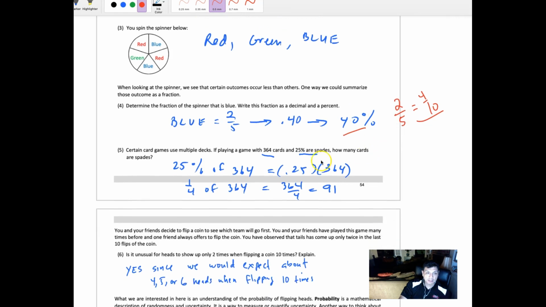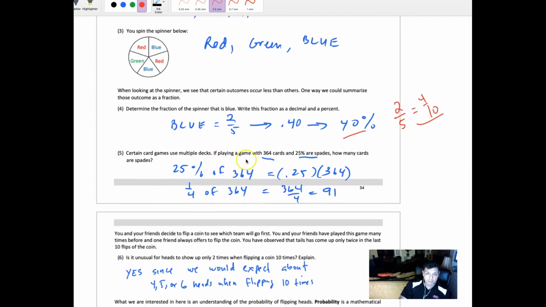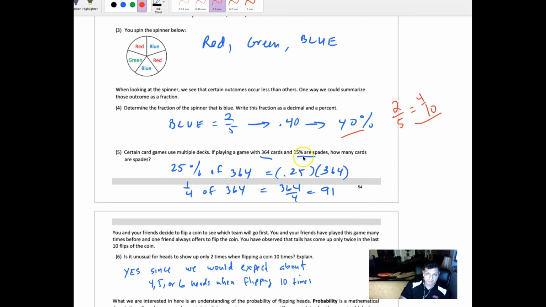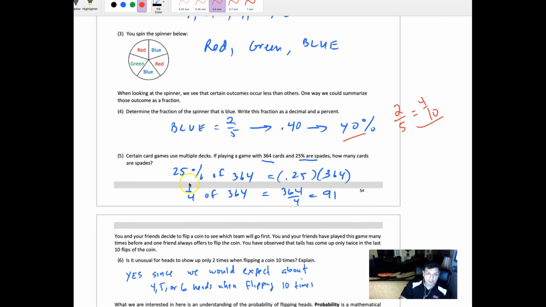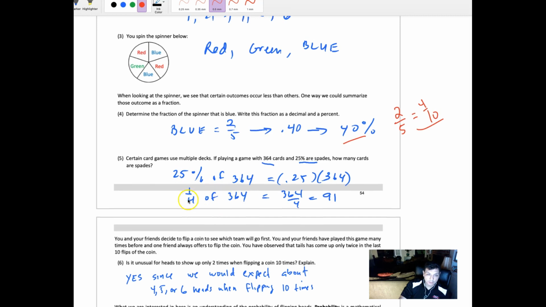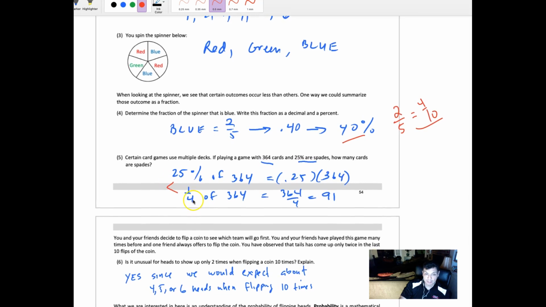Looking at another example here, certain card games use multiple decks. If you play a game with 364 cards, and 25% are spades, which is one of the types of cards, how many cards are spades? We have to revisit taking percents. So you do 25% of 364, or you do 1/4 of 364. Remember, 25% and 1/4 are the same.